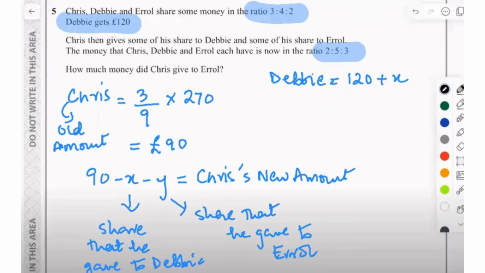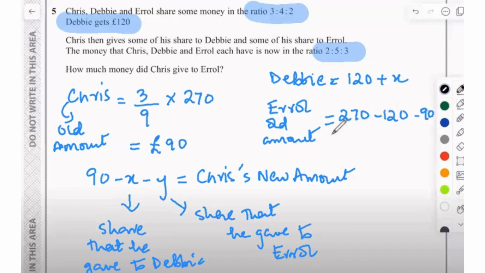To find Errol's new amount, we need to find his old amount first. So we know that Chris had 90 and Debbie had 120. So Errol's old amount would be 270 minus 120 minus 90. We subtract Debbie's and Chris's amount from the total amount, and that gives us 60 pounds.